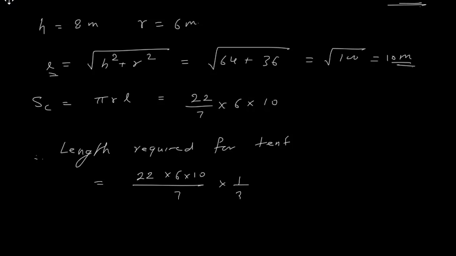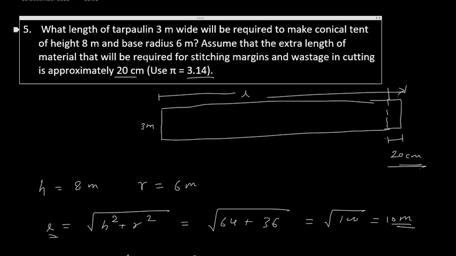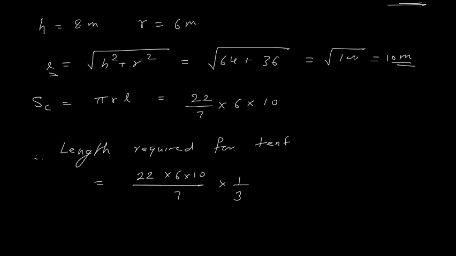I will divide this by 3 because my width is 3 meter. So I will get length, 3 1s are 3, 3 2s are 6. So it is 22 into 2 into 10 divided by 7.